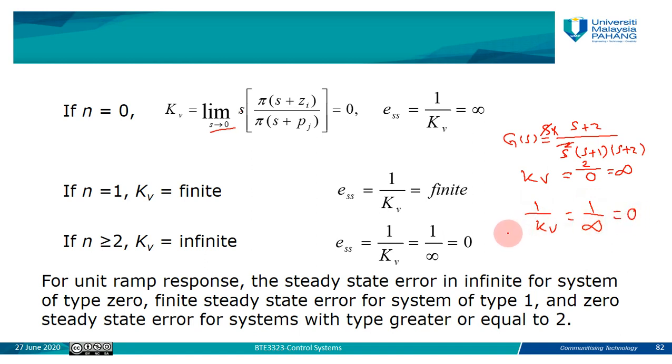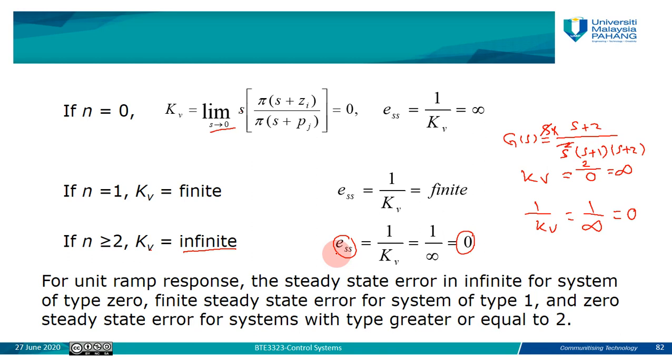So the steady state error in this case will equal 0. So it is better for system type 2 and above. If you have system type 2, system type 3, and so on, it will give you an infinite value for kv, but a 0 value for the steady state error. This is the best case for system type 2 and above if the input of your system is 1 over s square, the ramp function.